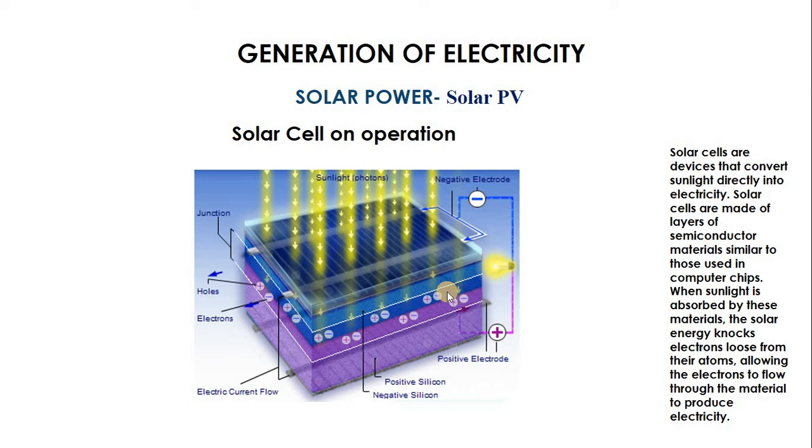Now with this type of p-n junction, when light energy or photons, light particles, bombard the cell, the photons hit the electrons, dislodging them from the pairs.